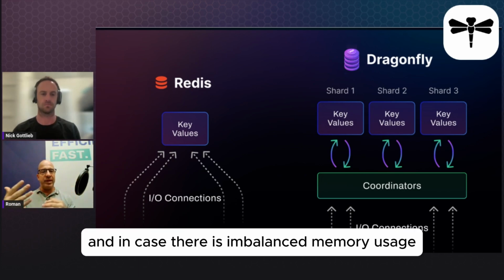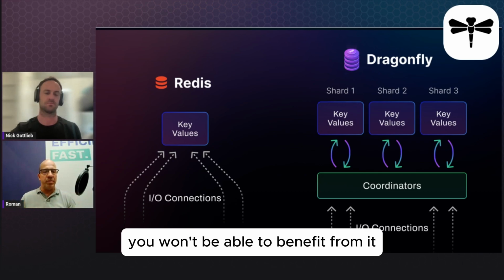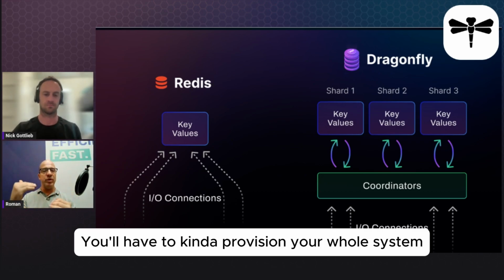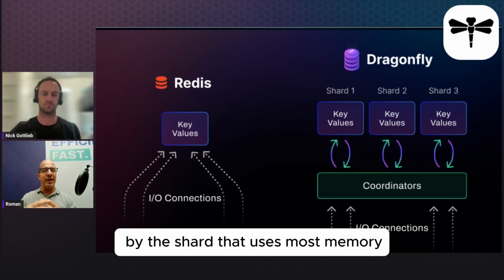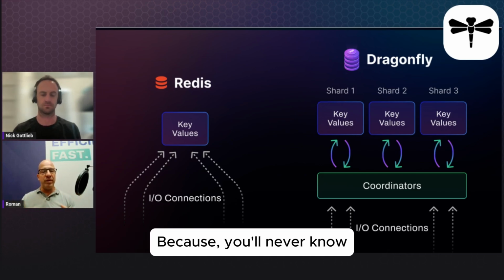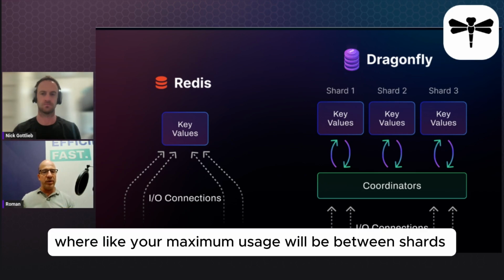And in case there is an imbalance in memory usage, you won't be able to benefit from it. You'll have to provision your whole system by the shard that uses the most memory, because you'll never know where your maximum usage will be between shards.